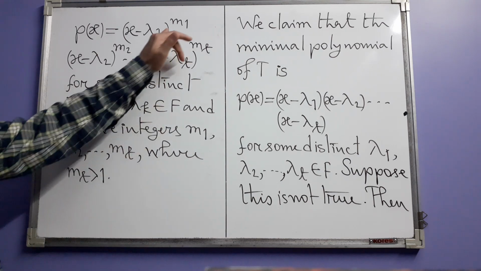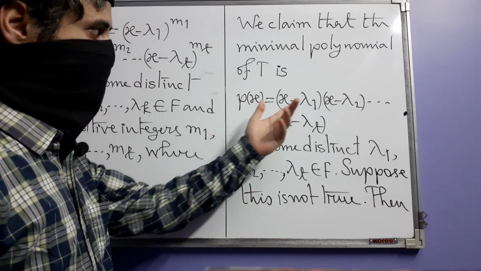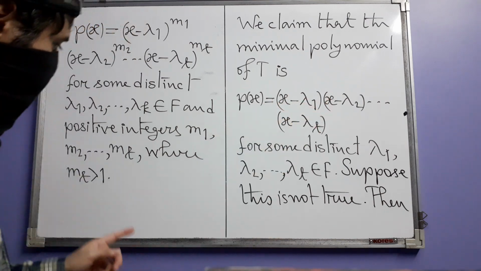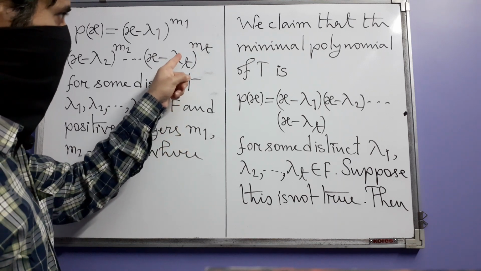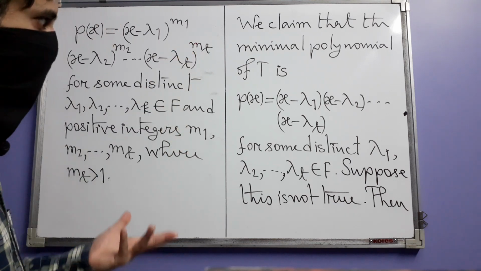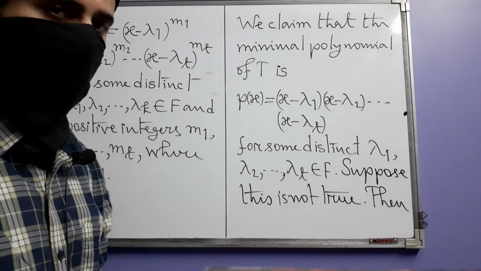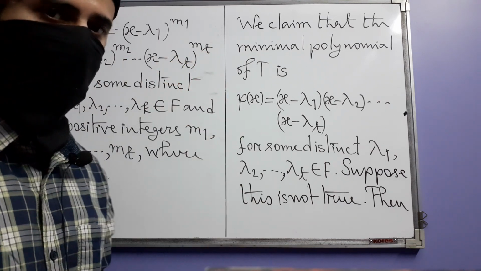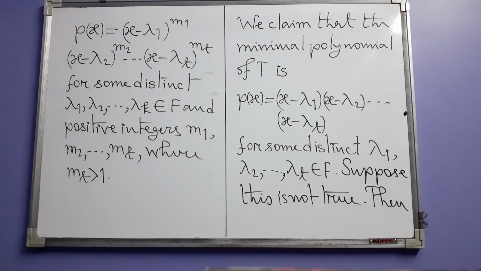Simply saying that these exponents are positive integers is not enough because all of them may be 1, but one of them is greater than 1. You may ask me why I have chosen only the last one to be greater than 1. That's a simple thing. If it really is not the last one, you can rearrange the factors and make it the last one. Alright.